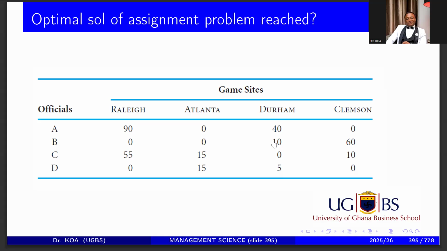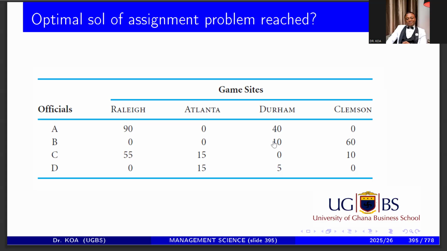It's like a method of elimination. The zeros are helping you to eliminate the distances that are not needed. Then you now get the distances that are needed. So in essence, where there is zero, for example, on row A, it will not be advisable to assign officials to Atlanta and Clemson.